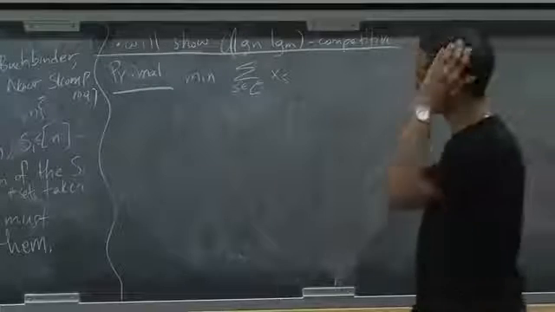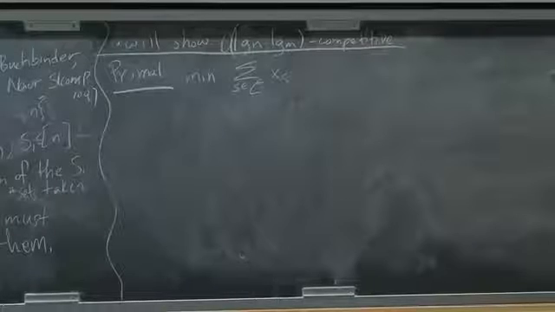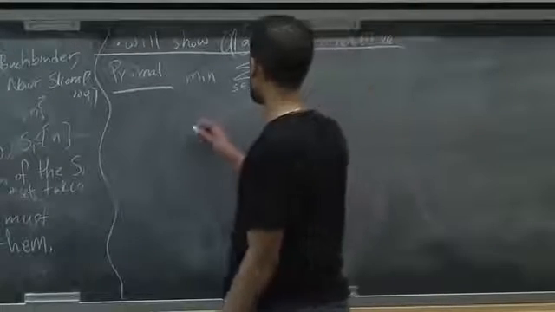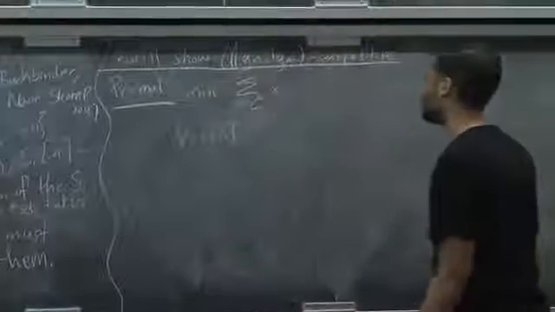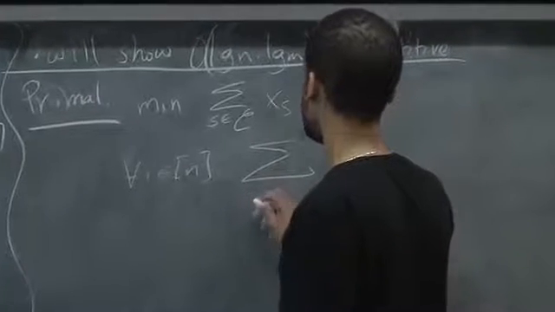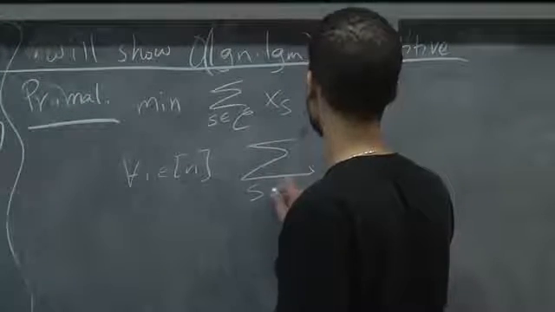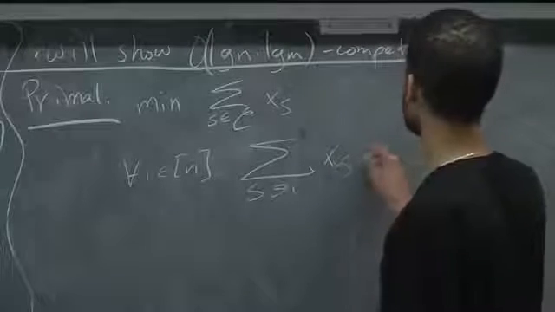You can encode, for example, 3SAT as an integer program. So what are the constraints? For every i in n, we have a constraint that says that the sum over S containing i of XS has to be at least 1.